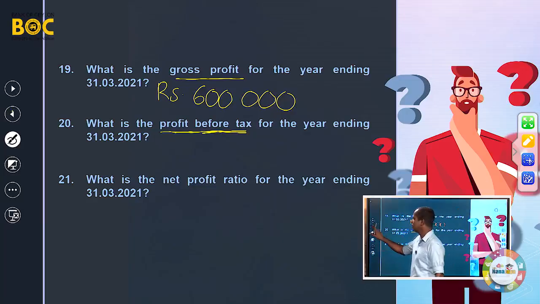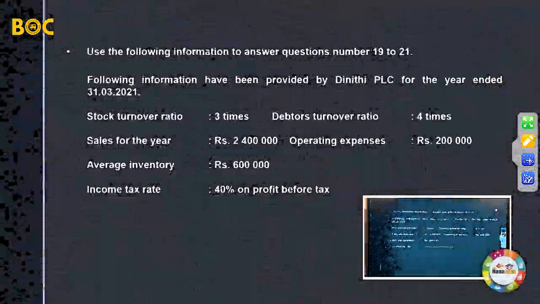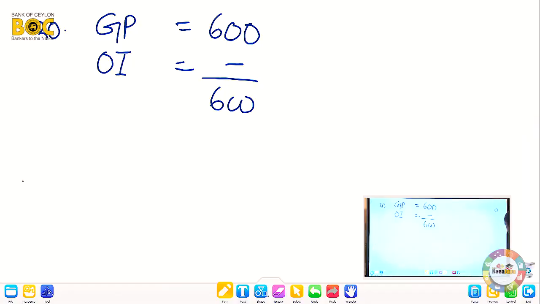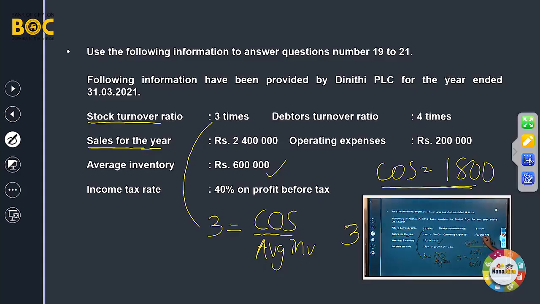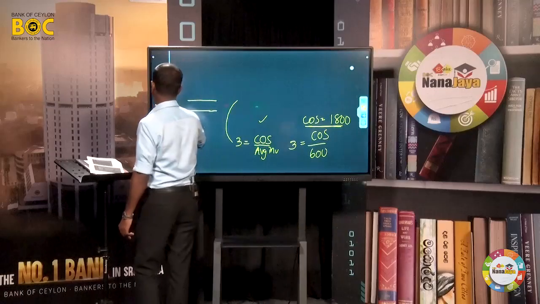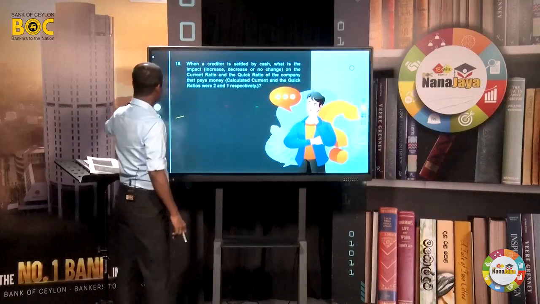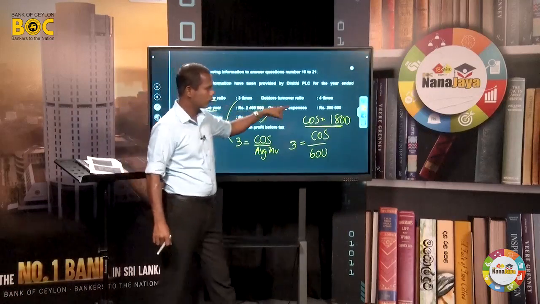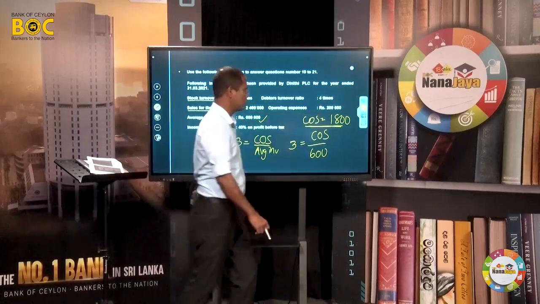You have only operating expenses. How much are the operating expenses? It's 200,000 rupees.